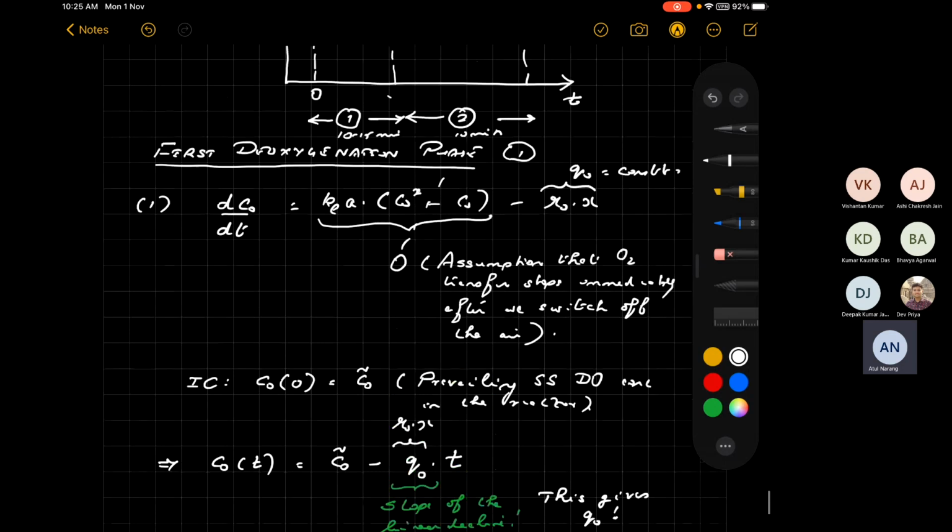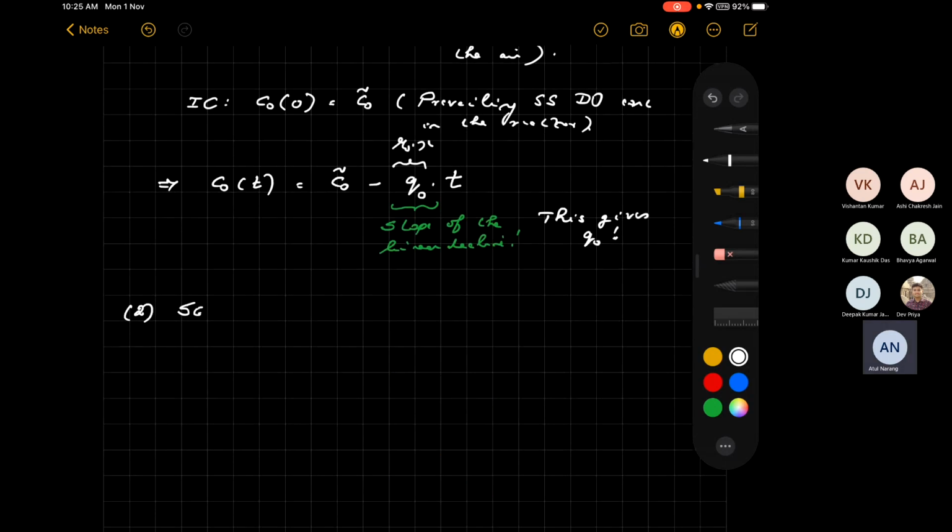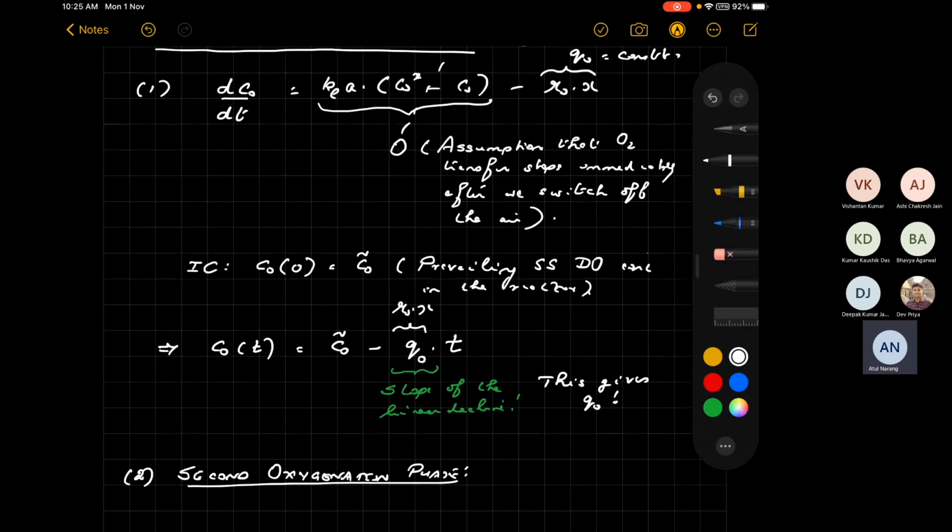Now I go back to the second, oxygenation phase, and I will use the data of the second phase to pick up the value of KLA, since Q0 is known to me. The main problem with doing this in the presence of cells was that I had this extra term, but we have found a way to determine it. And now that we have a way to determine it, we're good to go.